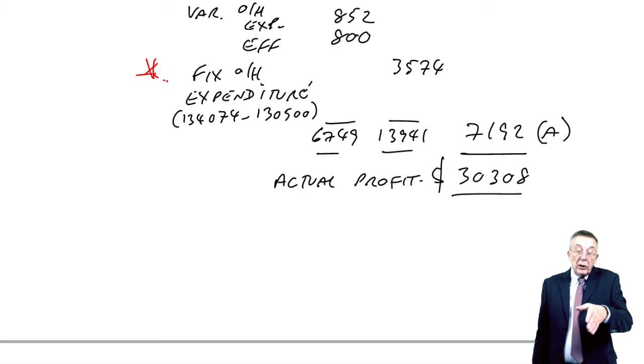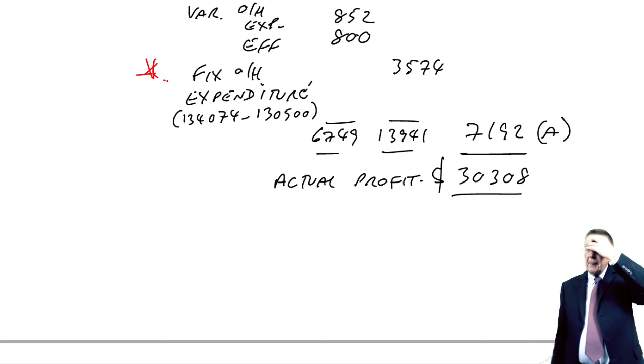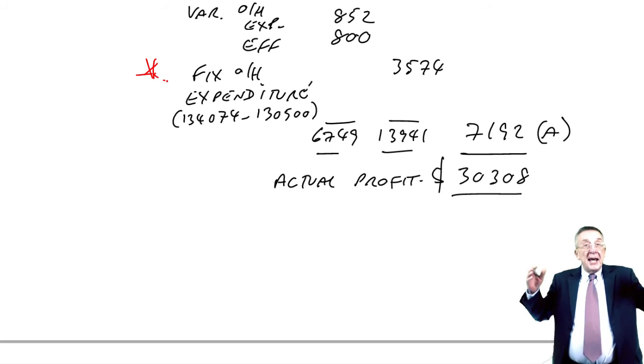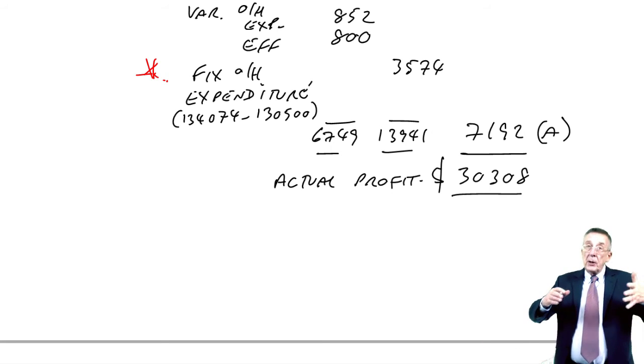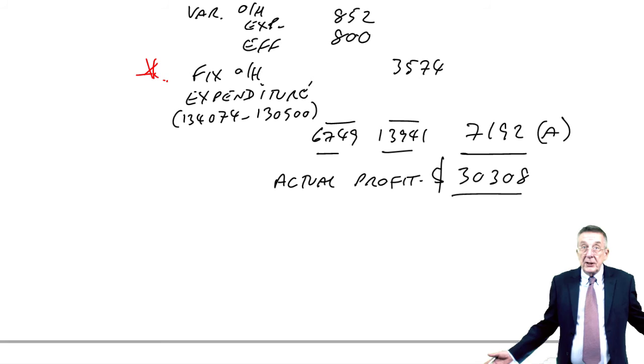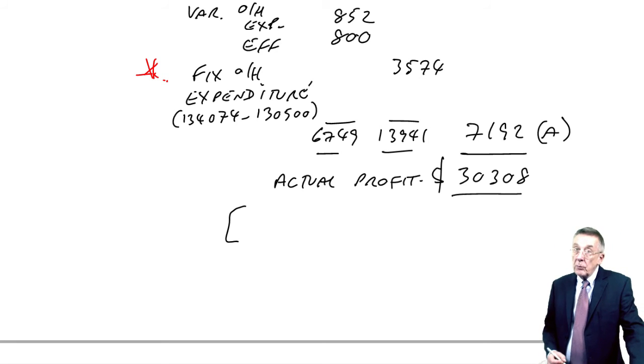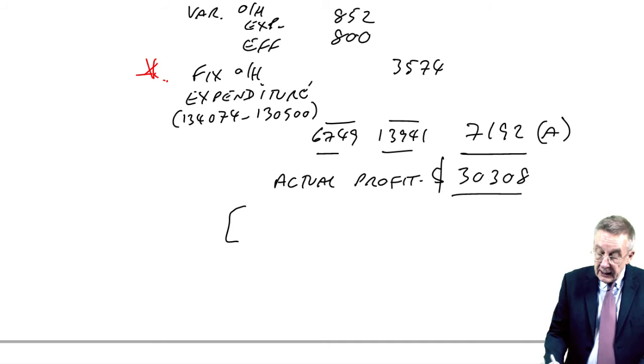And I suppose before I stop the lecture, I better make sure we're all happy that because here we've done it both marginal and absorption, which we'd never be doing in an exam, we're happy why the actual profit is different.